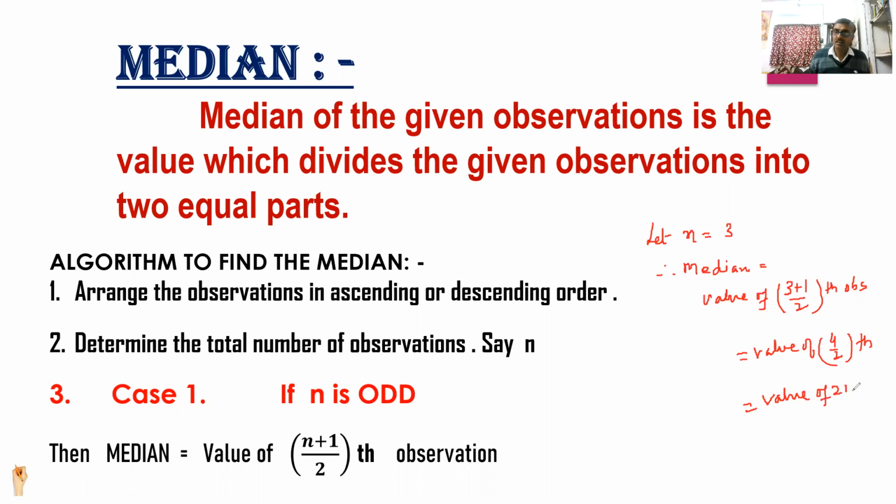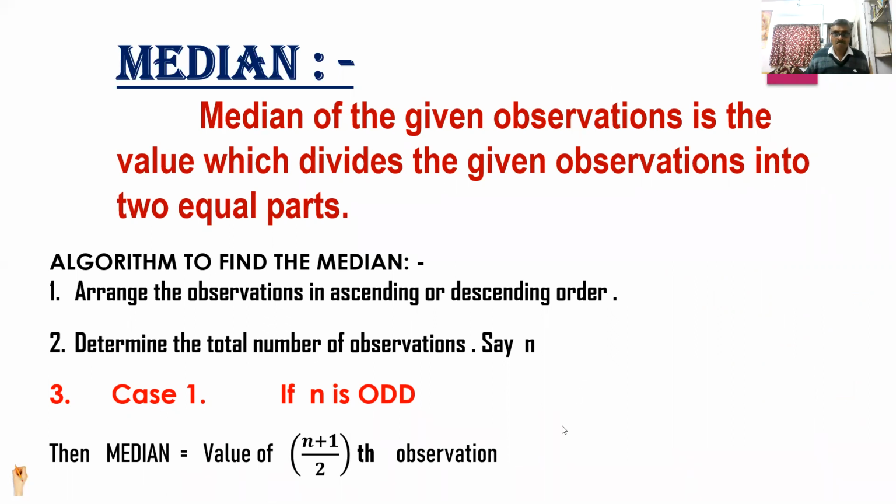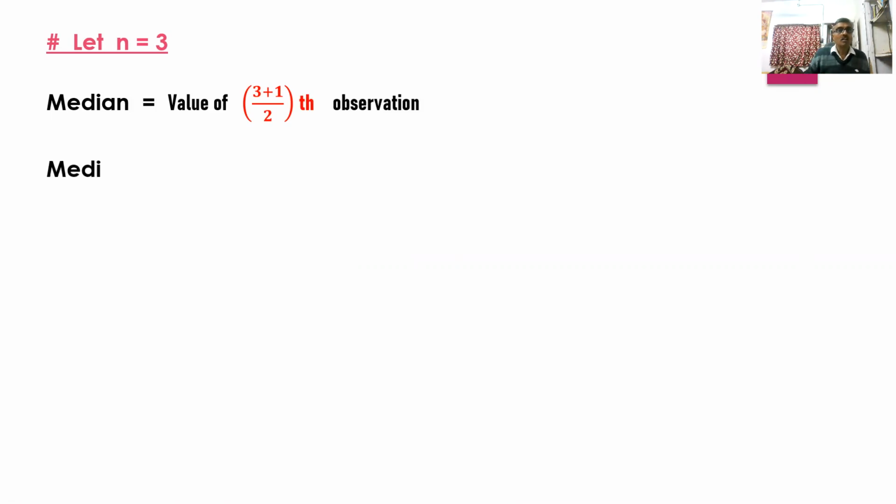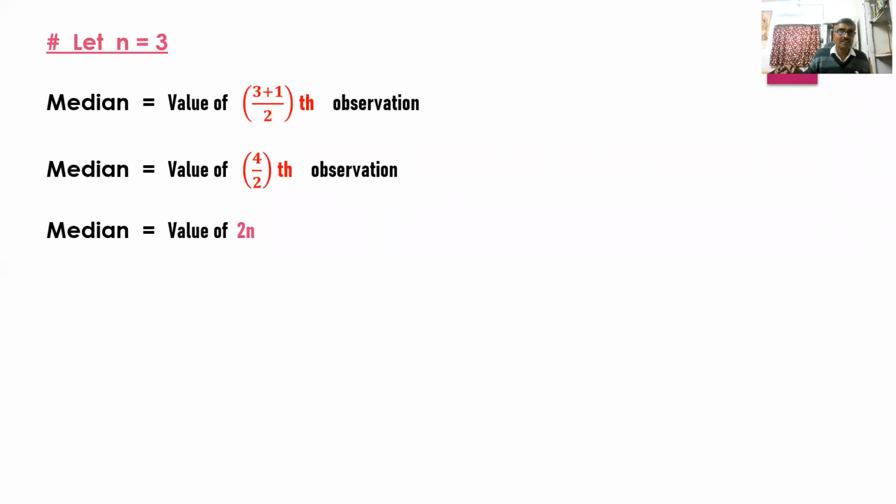Value of second observation, right? Let n be 3, then median is equal to value of the (3 plus 1) by 2th term, that is 4 by 2, that is the value of the second observation. Median is the value of the second observation.